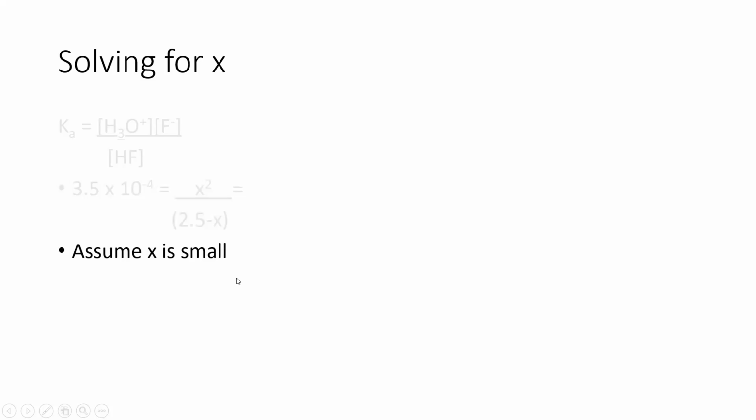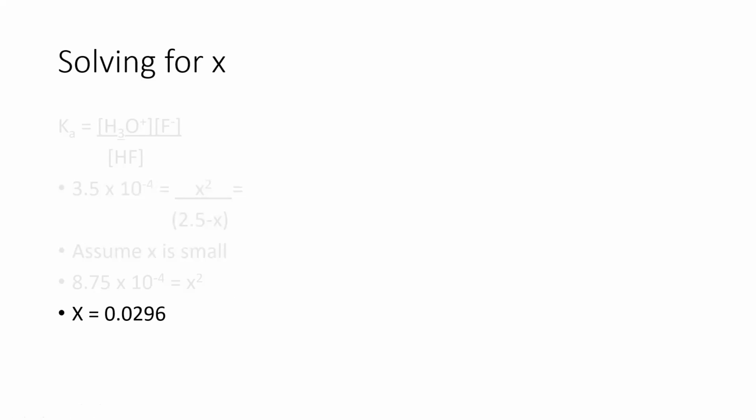So we're going to assume X is really small, and then we're just going to multiply 2.5 times our Ka, so that's going to give us 8.75 times 10 to the minus 4. And we're going to have that be equal to X squared. And we'll take the square root, and X is equal to 0.0296.